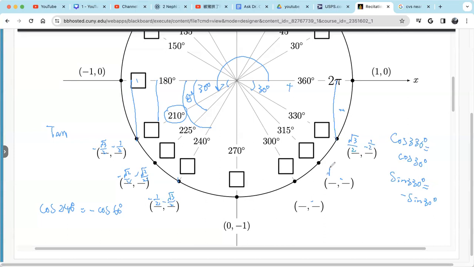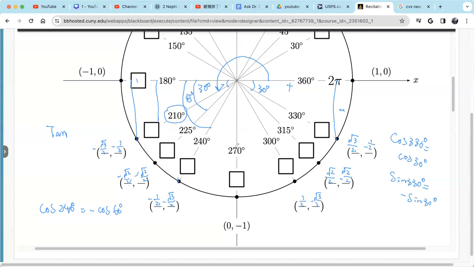Similarly, cosine 315 equals √2/2, and sine 315 equals negative √2/2. And cosine 300 equals cosine 60, which is a half. Sine 300 equals negative sine 60, which is negative √3/2.